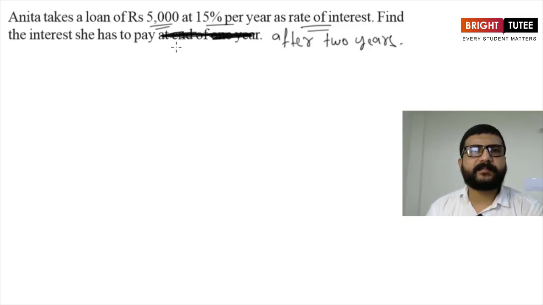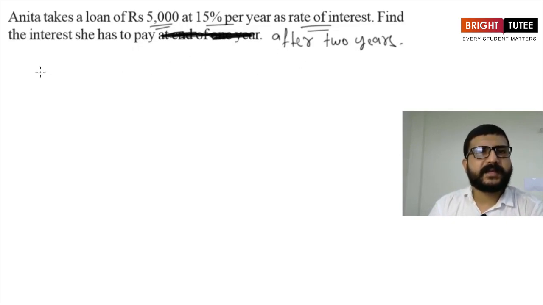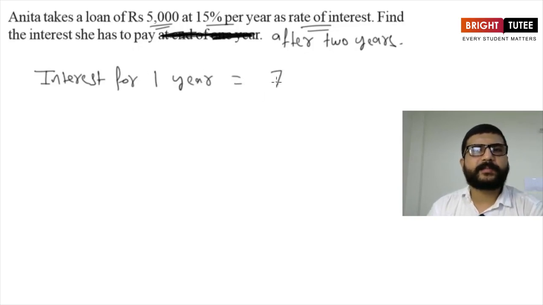Now if she is returning the money after 2 years, then how much interest does she have to pay? As we have seen, the interest for 1 year was rupees 750. Now what will be the interest for the second year?